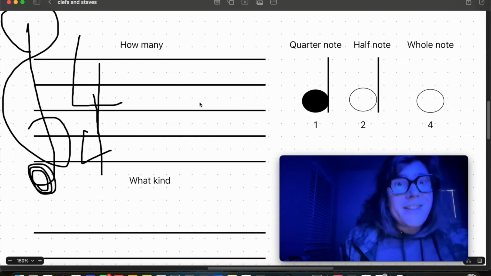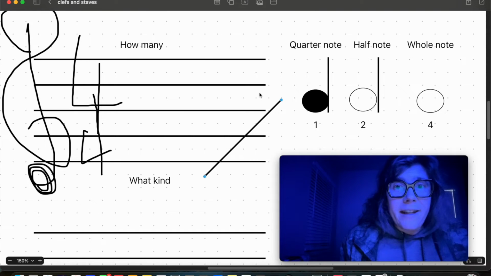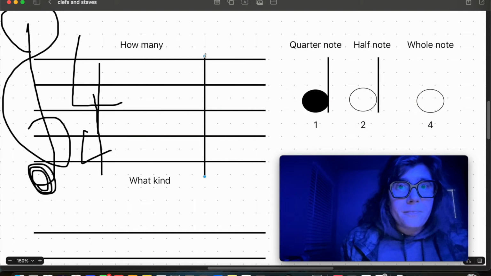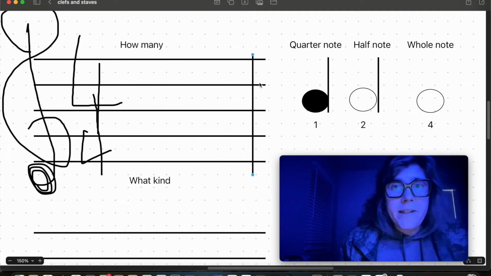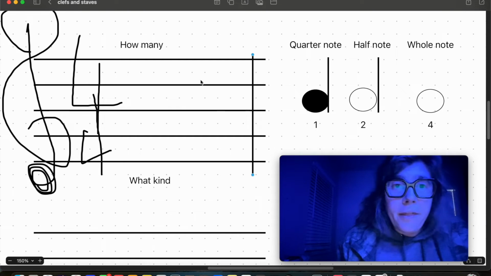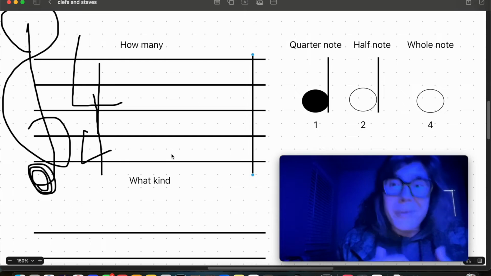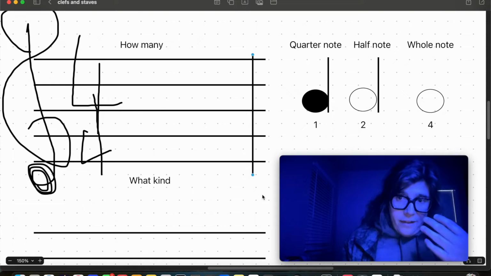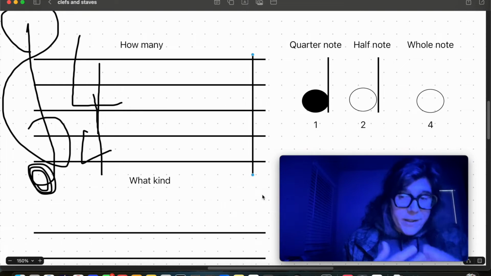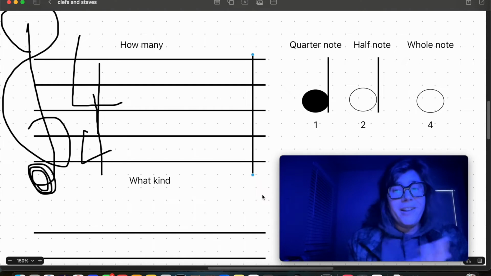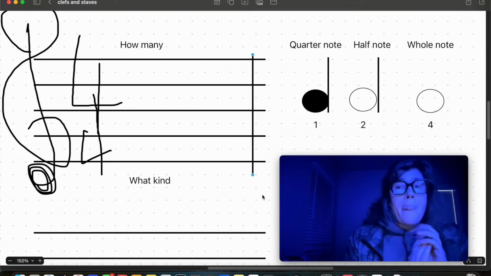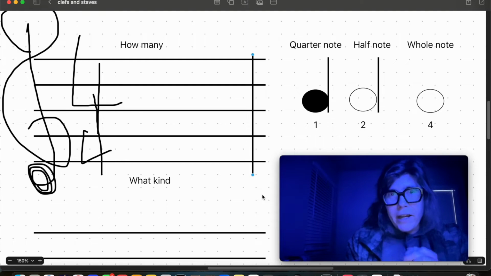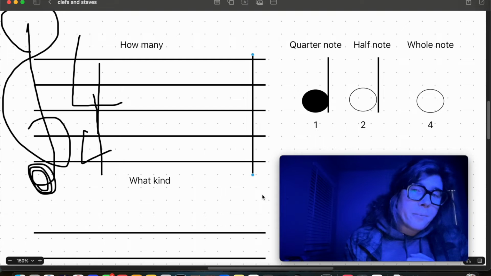Well, hold on, what's a measure? So let's do this. I'm going to add a division here. And let's say the music were to keep going over here, right? This space right here, it's a little short, but it's a measure, and it's going to have the value of 4 quarter notes or its equivalent in it. It has to in our musical notation system. Now, notation software, like the ones you're going to be engaging with, will do this for you. They'll try and force you to always have the right number of notes.